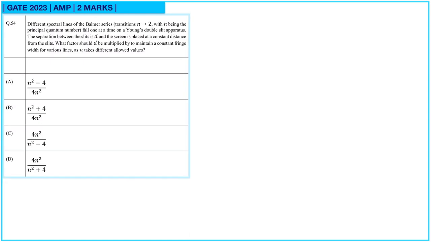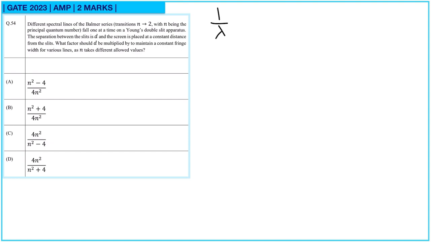Next, question number 54. Different spectral lines of the Balmer series, transition n to 2 with n being the principal quantum number, fall one at a time on Young's double slit apparatus. The separation between the slits is d and a screen is placed at a constant distance from the slits. What factor should d be multiplied by to maintain a constant fringe width for various lines as n takes different allowed values?